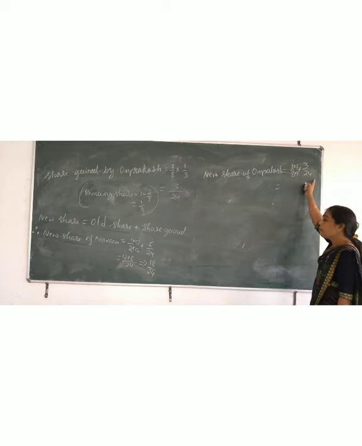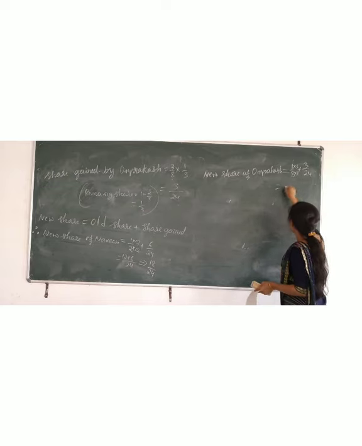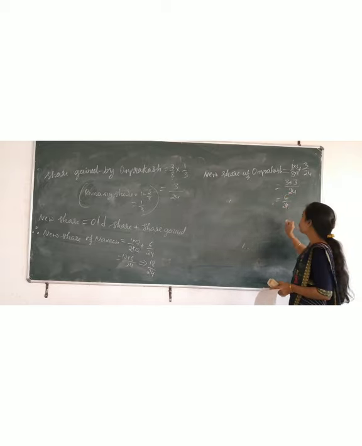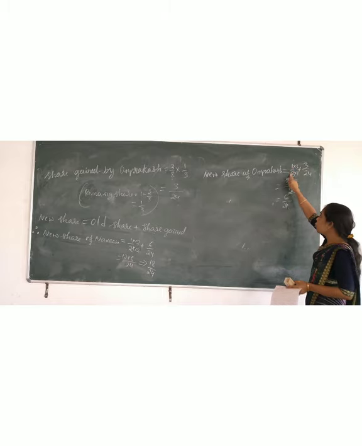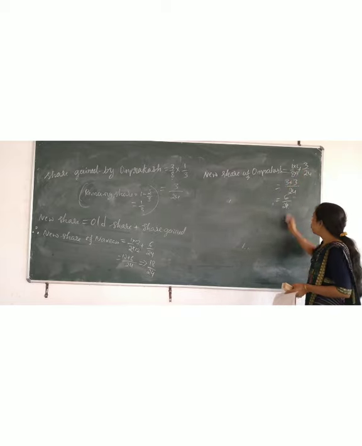Because we need to equalize the denominator so that we can simplify this calculation. 8 3s are 24, 3 1s are 3, plus 3, that is equal to 6 divided by 24. 1/8 is the old share, 3 is the share gained by the continuing partner Om Prakash, plus already we have 3, so we got 6/24.